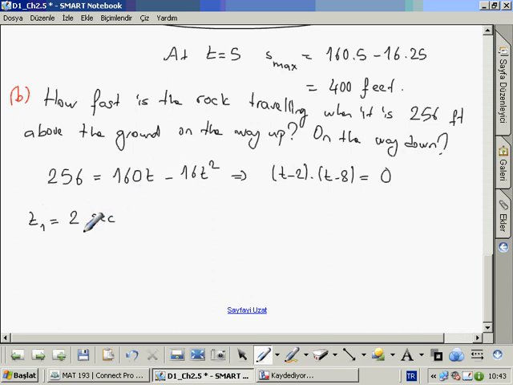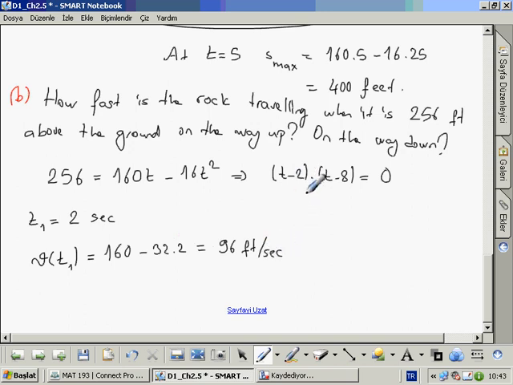The velocity of t1 equals 160 minus 32 times t, which is 96 feet over second.